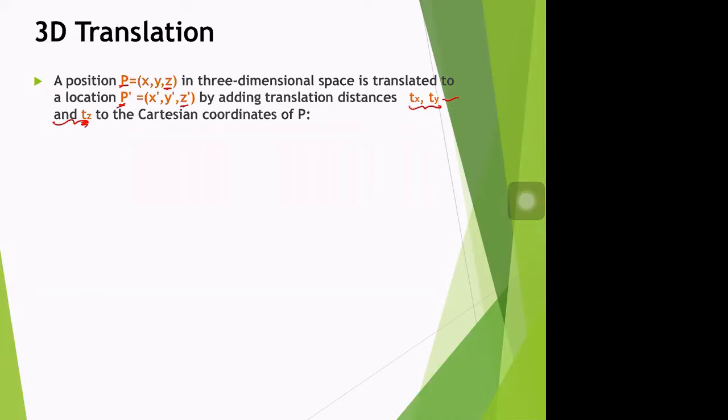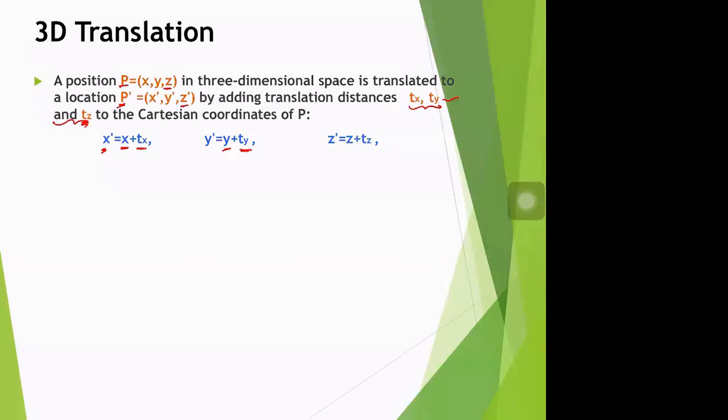That is my translation term. So what will be my X dash? X dash will be my current position plus how much you have moved. Y dash will be my current Y position plus how much you need to travel.